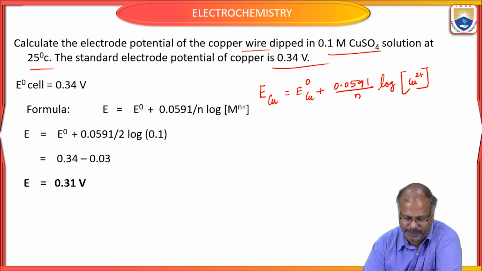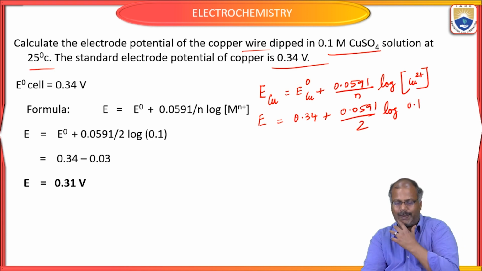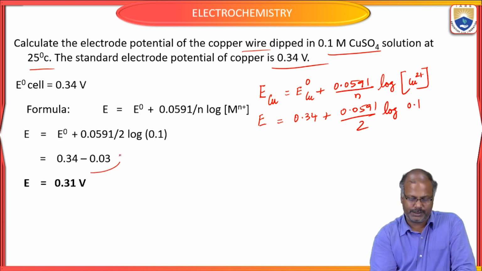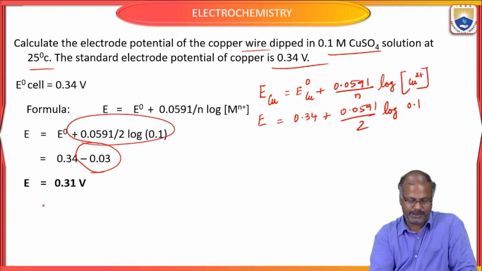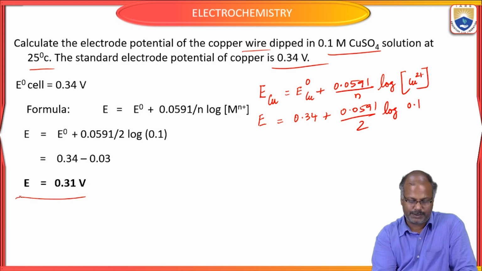So E is equal to 0.34 plus 0.0591 by 2 times log of 0.1, which changes to minus 0.03. So this is the answer.